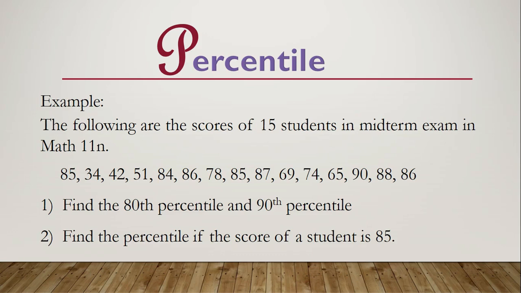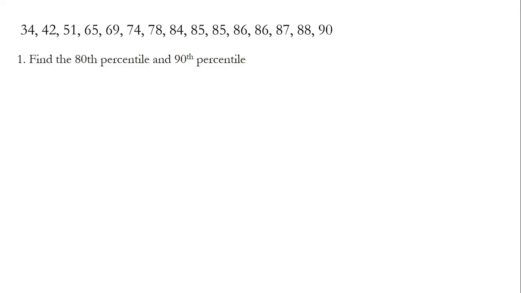But again, we need to make sure that our observations are arranged in ascending order. So we have here the arranged data, in ascending order. Now let us find the 80th percentile and the 90th percentile.